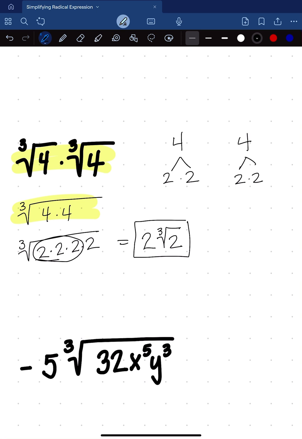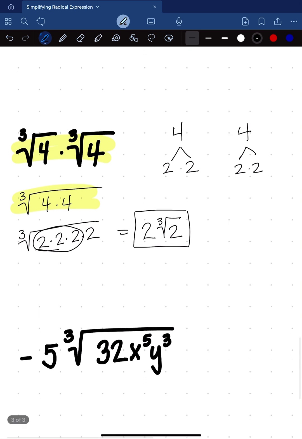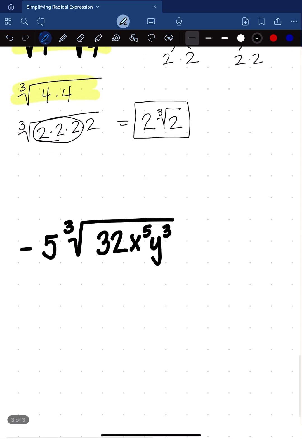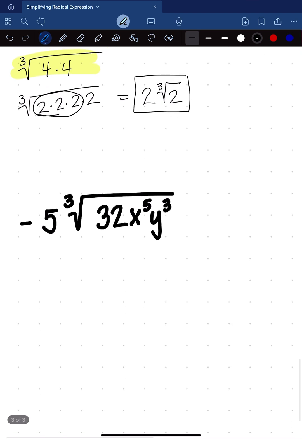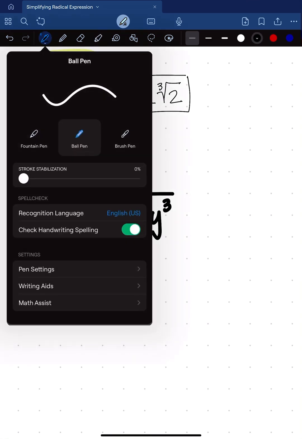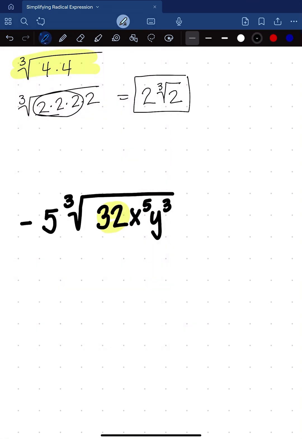And then we might have some that have coefficients out front, some numbers and variables. I'm still going to break it up. So I am going to start with factoring out the 32. Factors of 32 are, I can do 8 times 4. For 8, we have 4 times 2.